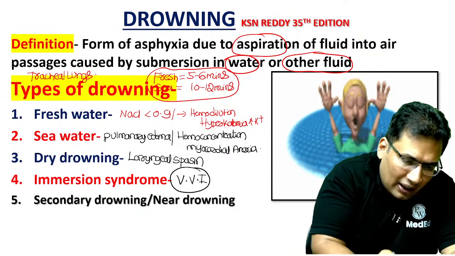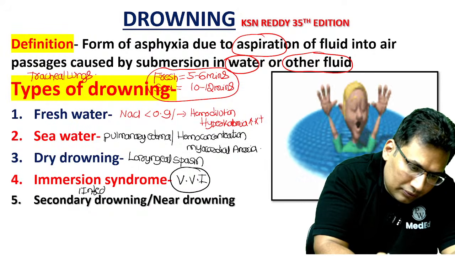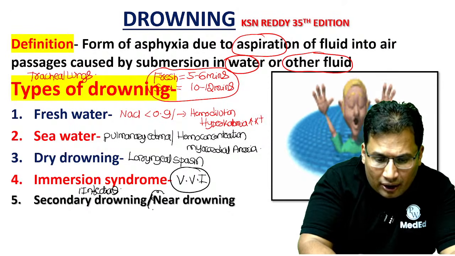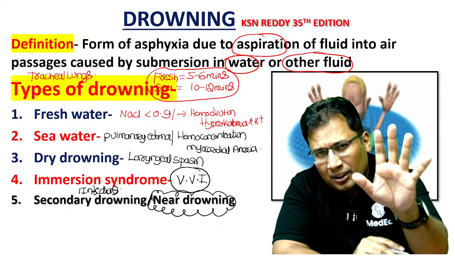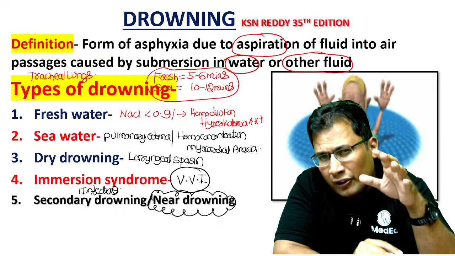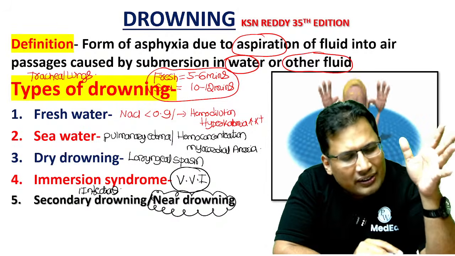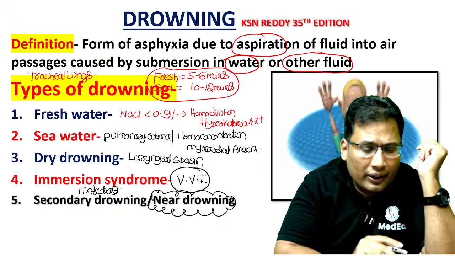So the cause of death is secondary infections. When the person survives, that condition is known as near drowning. When the person survives more than 24 hours after the incident, that is known as near drowning. The cause of death is secondary drowning.